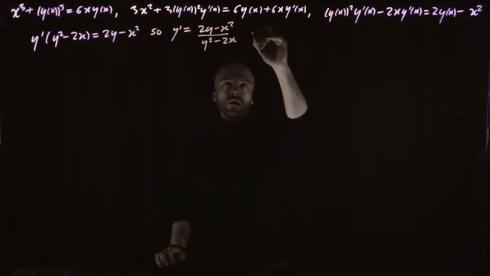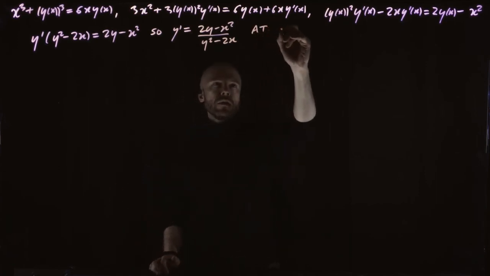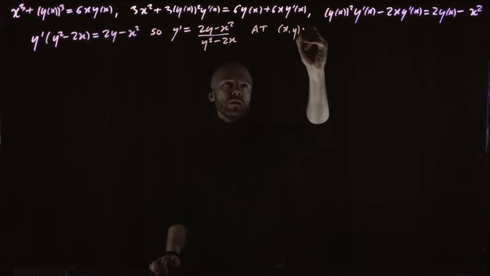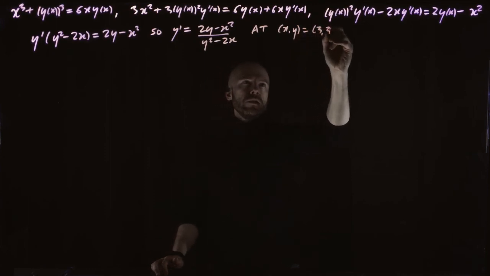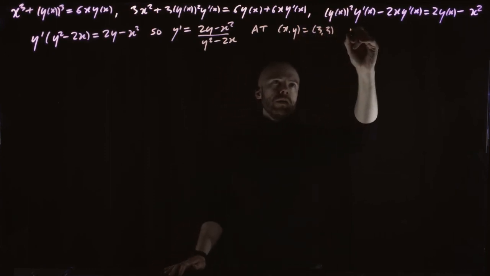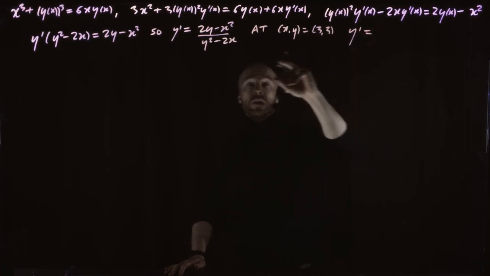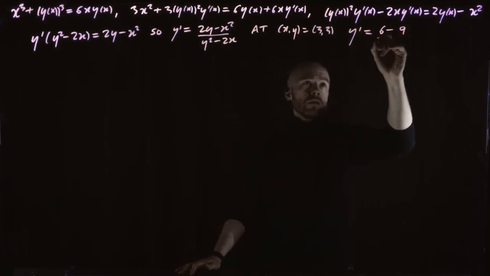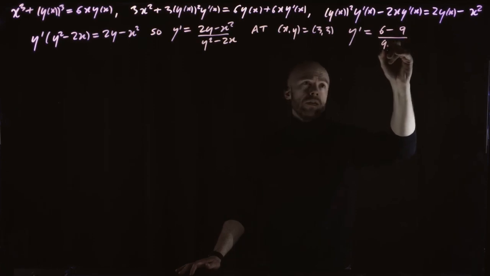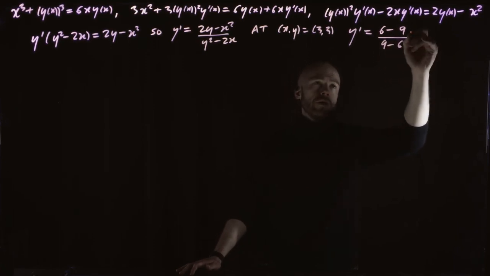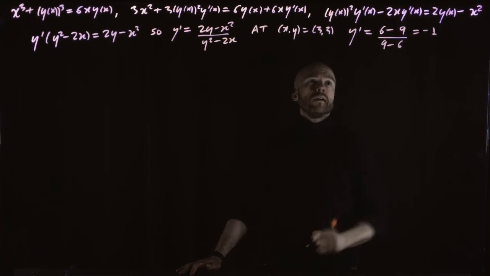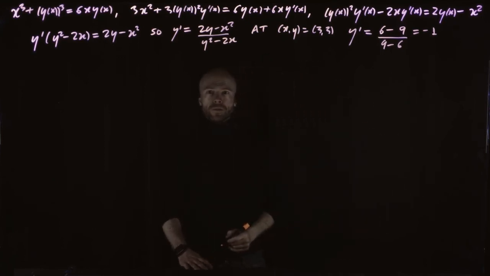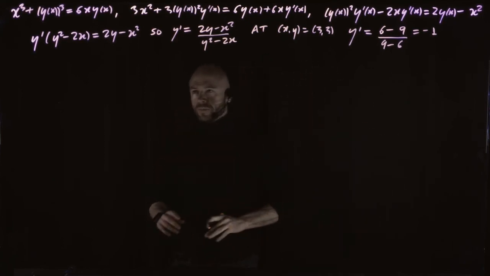Cool. So at x, y equal to 3, 3, plug that directly in. Y prime is going to be 6 minus 9 over 9 minus 6. So the top line's minus the bottom line, so I know this is minus 1. And that's it. So we know that the slope is -1. Cool.